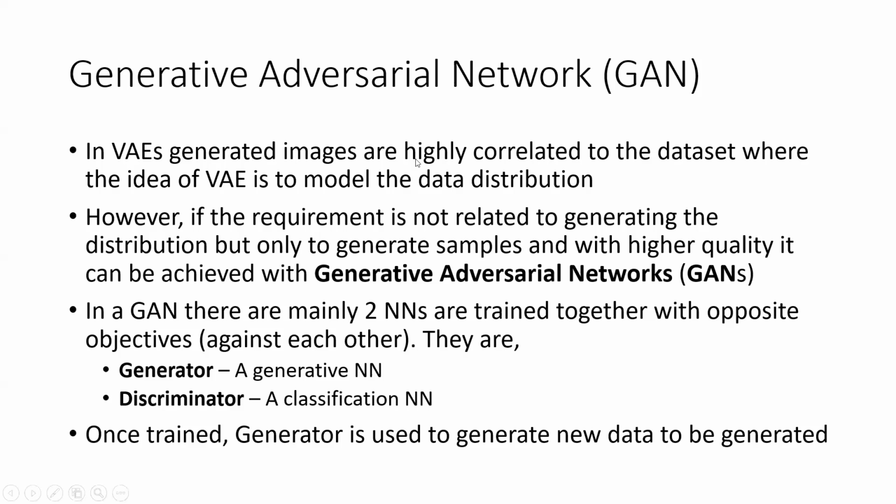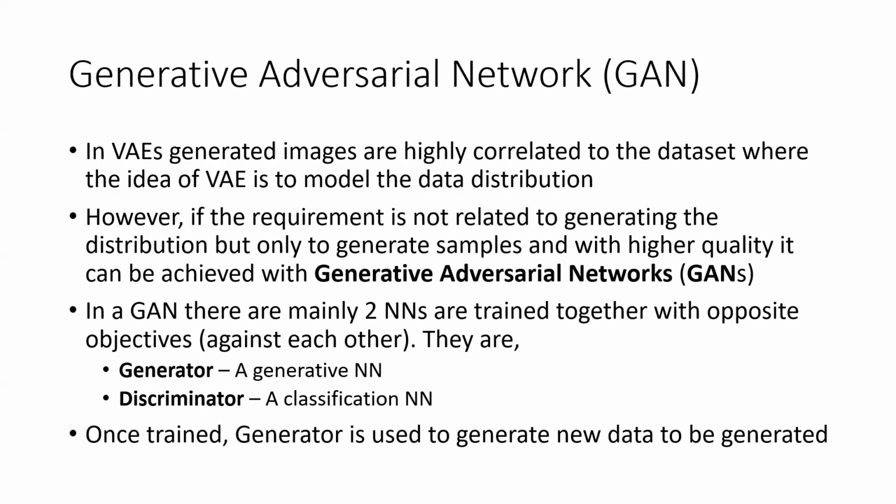The discriminator's objective is to identify whether an image is a generated image or a real one, right? The discriminator is given both the real images from the dataset and the generated images, and it has to find which one is the real one.